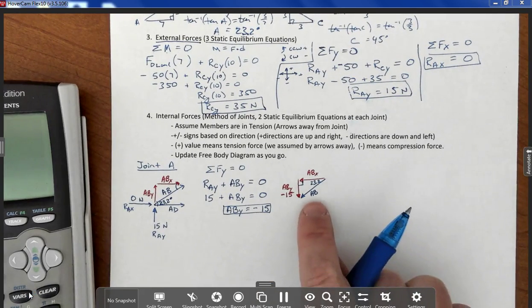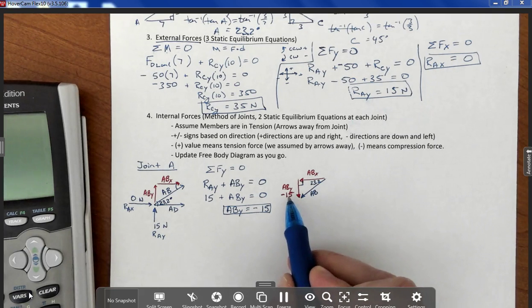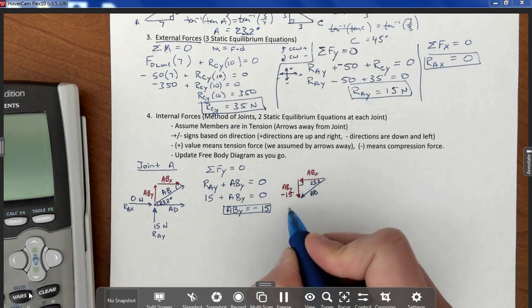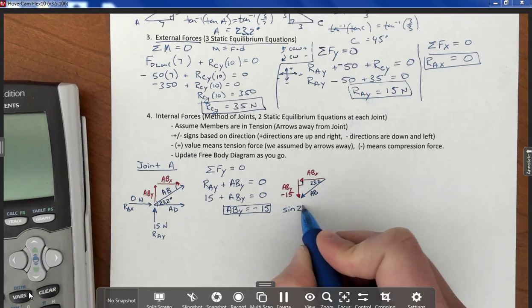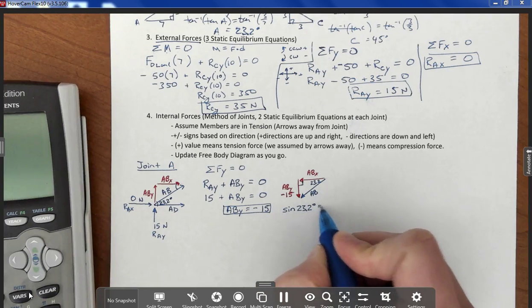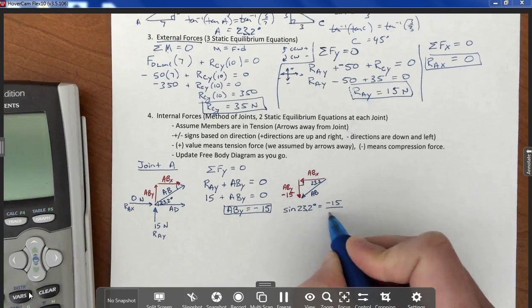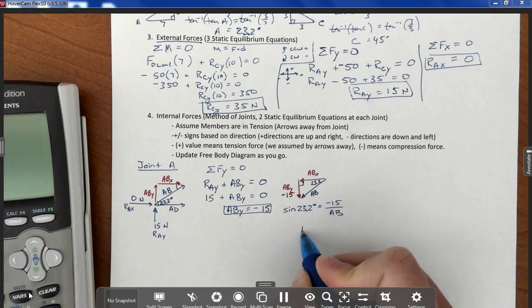Okay, so with respect to that angle, this is the opposite leg, and this is the hypotenuse. So opposite and hypotenuse is sine. I can write a trig equation that says the sine of 23.2 degrees is equal to the opposite, negative 15, over the hypotenuse, AB.